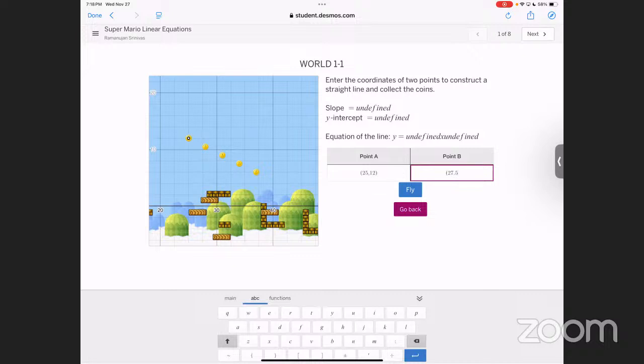Where's my comma? Then I'm looking at the coordinate. That is 10. Let's see if that works.